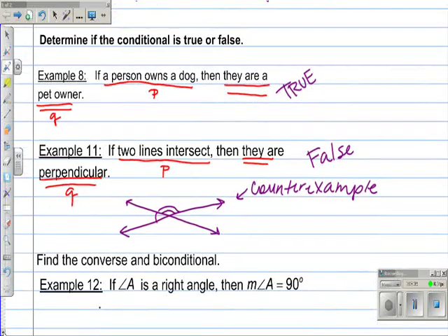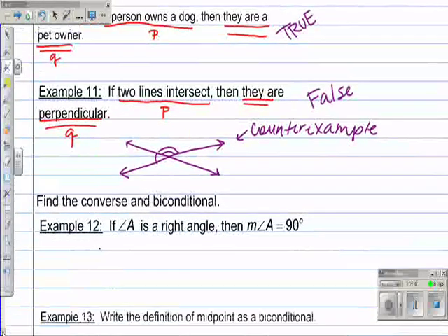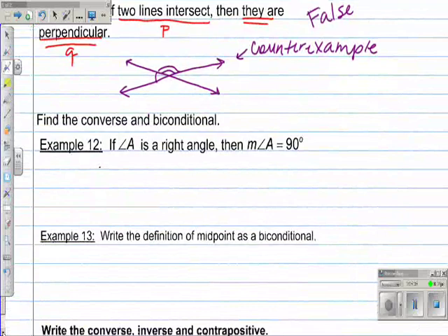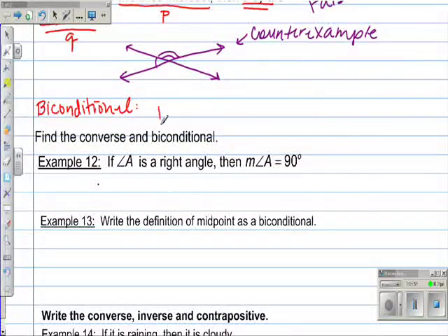Now, a biconditional just means that it works both ways. It means if P, then Q, and if Q, then P. Okay? So you should be able to read that either way.